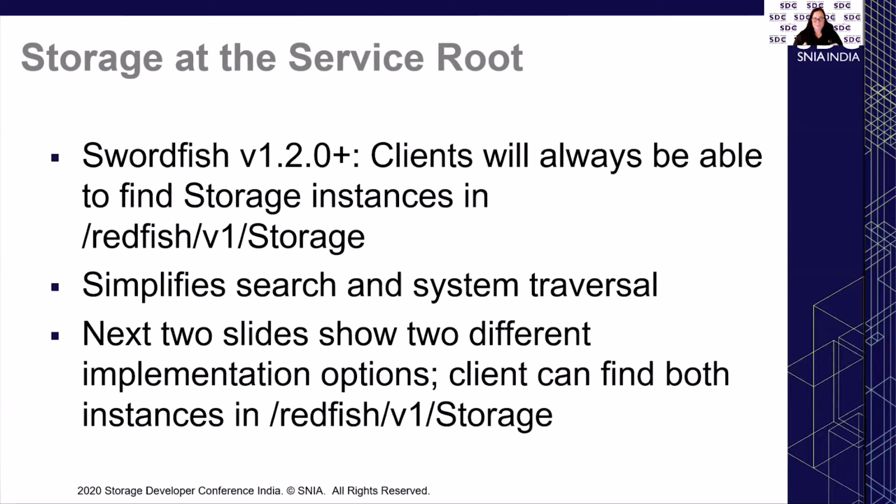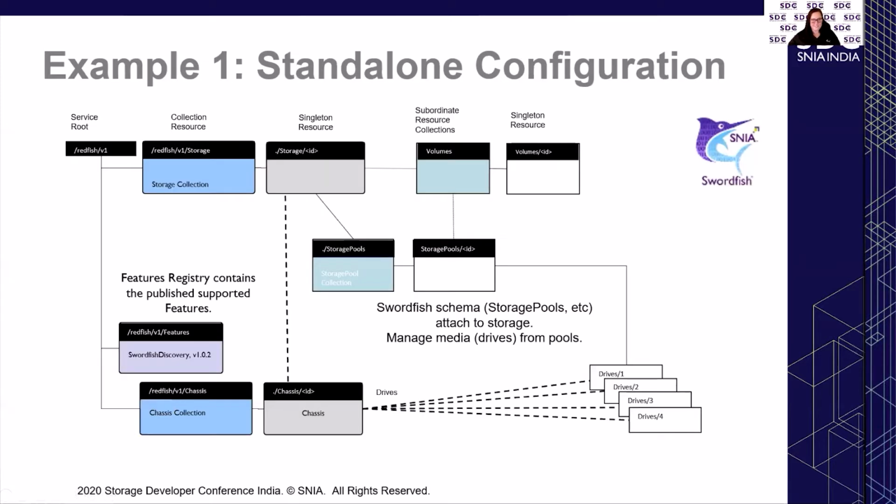I will show you in the next 2 slides a couple of different implementation options, just to highlight why this is important and how this simplifies things from a client perspective. In this first example, this is what we call a Swordfish standalone configuration. This could be something like a disk array.